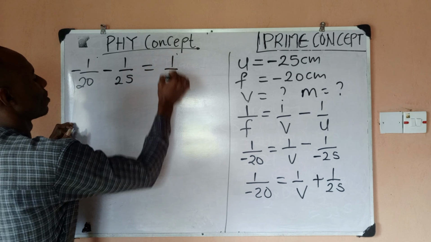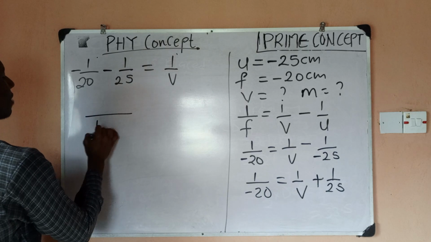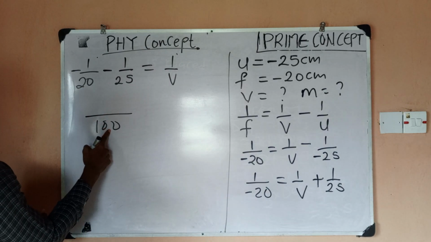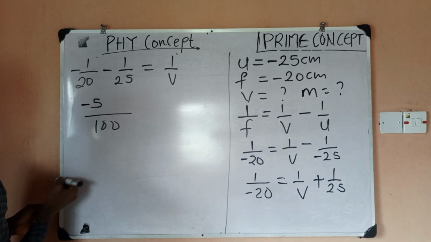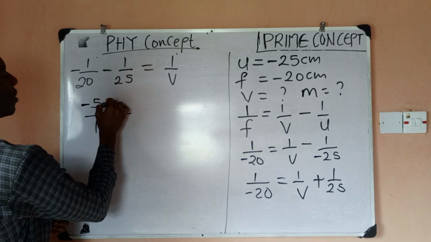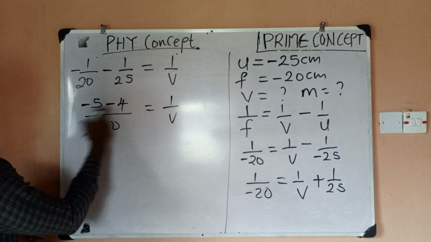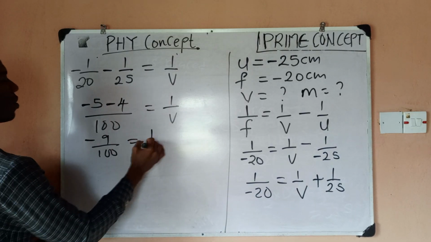Then I'm left with 1 by v here. If I take LCM, we can use 100. 20 in 100 gives us 5, 5 times this is minus 5. 25 in 100 gives me 4, 4 times this is minus 4, which is 1 by v. So if you solve this, it becomes minus 9 by 100, which is 1 by v.